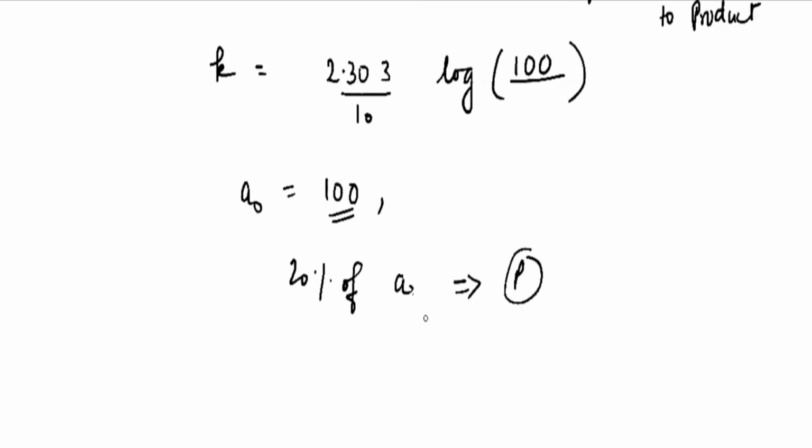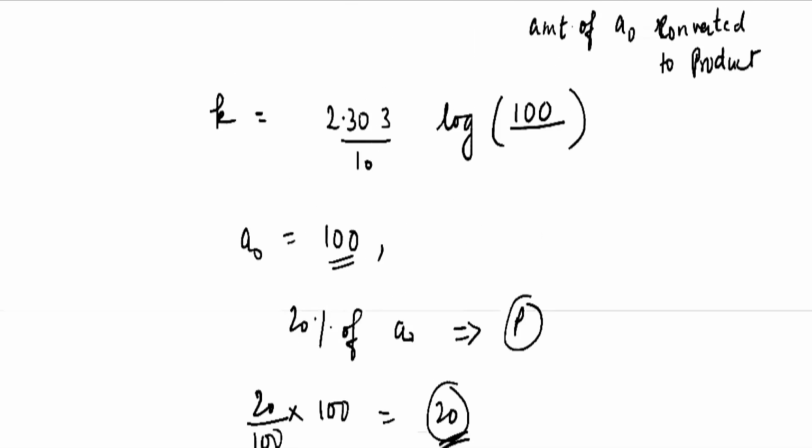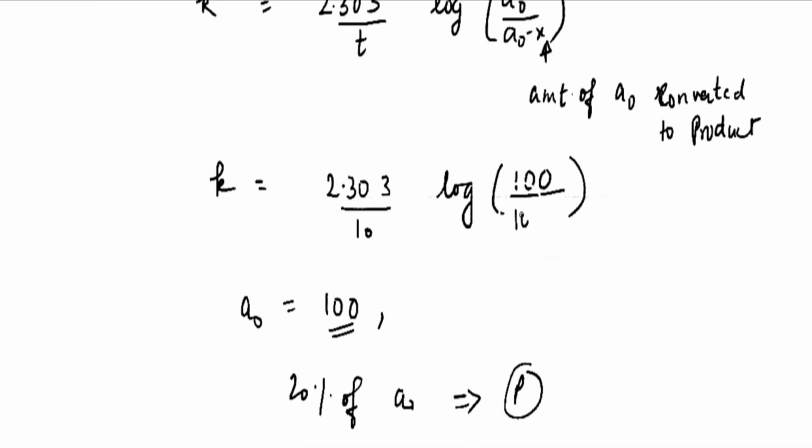So 20% of A0, that is 100, is 20. So the amount of initial reactant converted to product is 20. So the value of x is 20. Initial was 100 and the amount converted to product is 20.